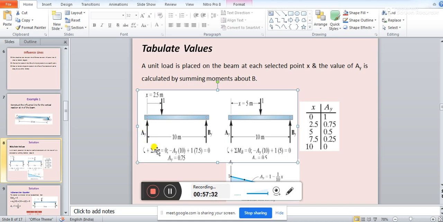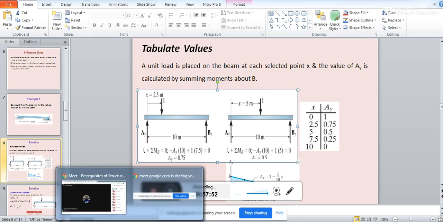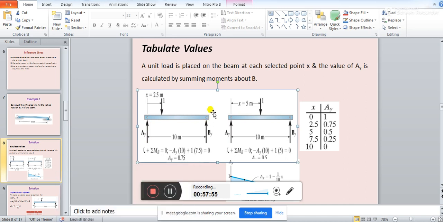Suppose this unit load you are just placing on top of the support, then what will be the value of your reaction at A? It will be 1.